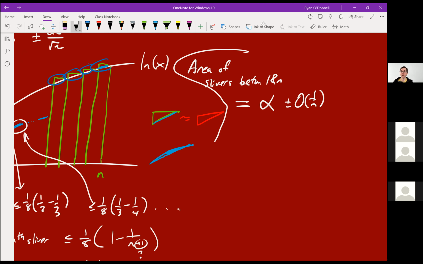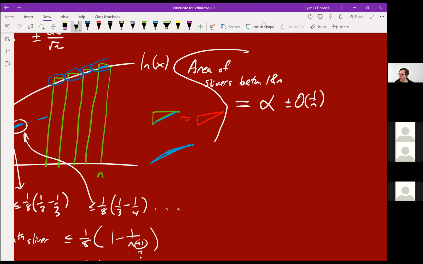Prove that there does not exist a constant c such that n factorial equals c times whatever, plus or minus order 1 over n. Well, I guess the only way it could not be true is if the area of the slivers is huge. Otherwise, you can express it as alpha times this order 1 over n term, right?